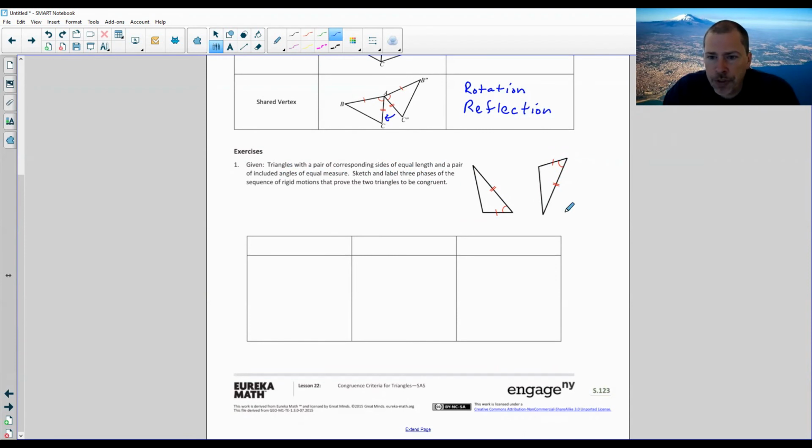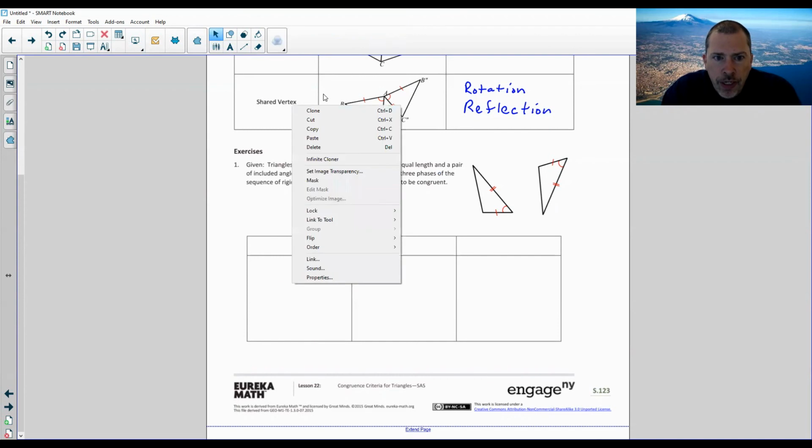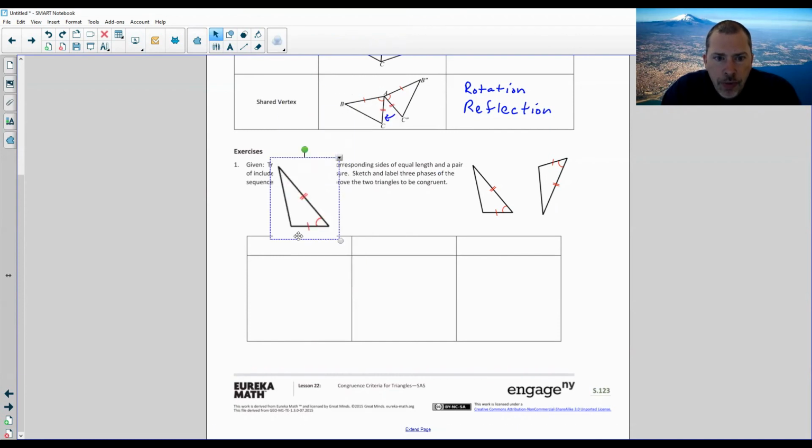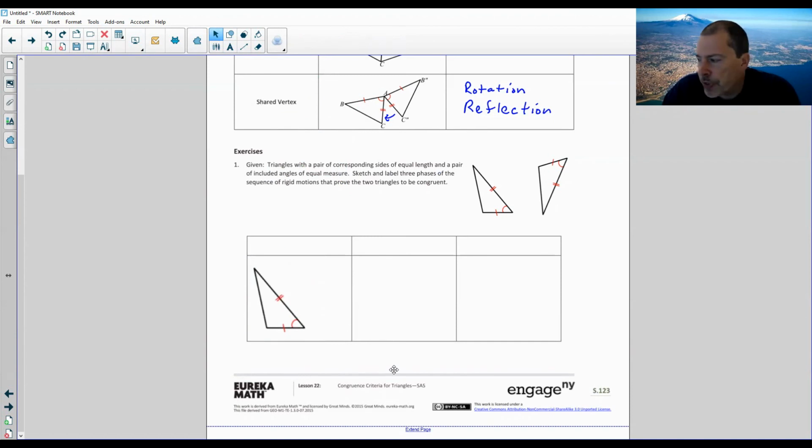So here's what I'm going to do. I can do this with the program. Unfortunately, you can't. So if I bring this here, let's say I set that right there, okay?